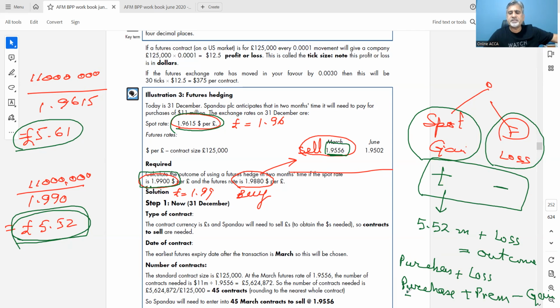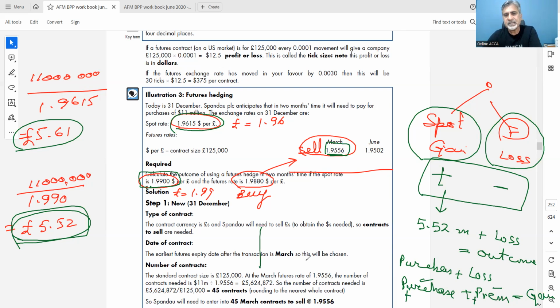What is the purchase price of $11 million? I put it there. How much premium did I pay for getting the options contract? I will add that premium. If there is a loss, I will ignore. If there is a gain, I will subtract from the total cost, because the purchase is my cost, the premium is my cost. And if I execute the options transaction and there is some gain, I would subtract that gain. And this is what you call the outcome, the total net impact.